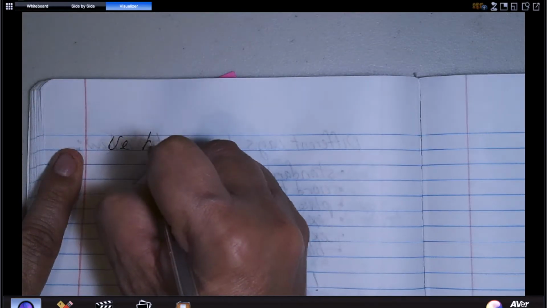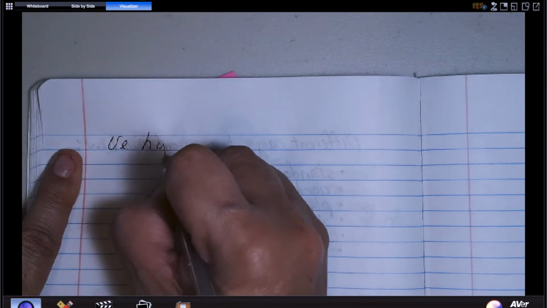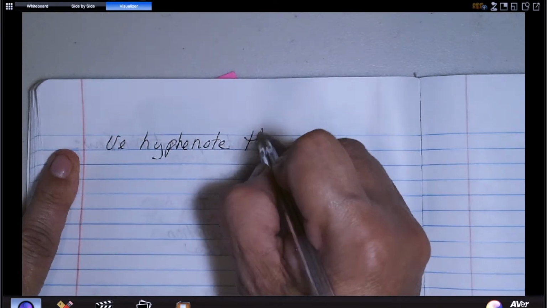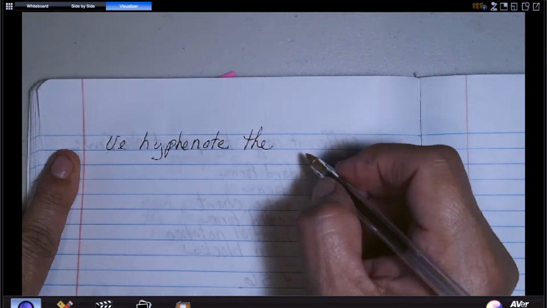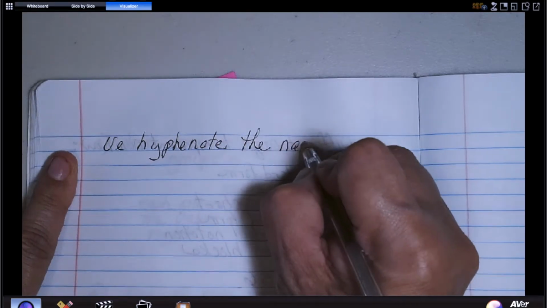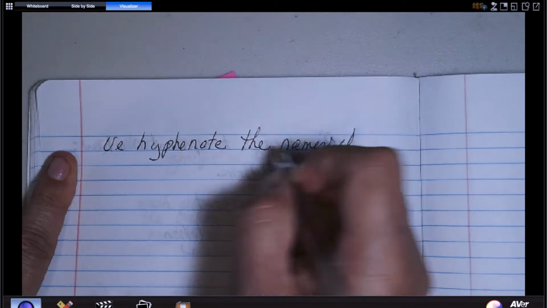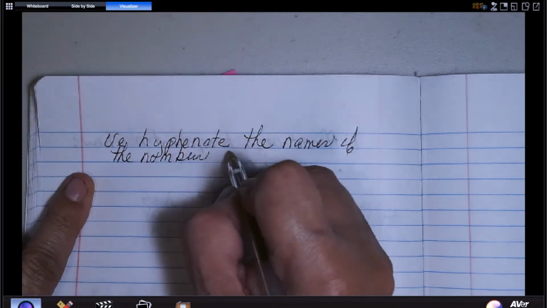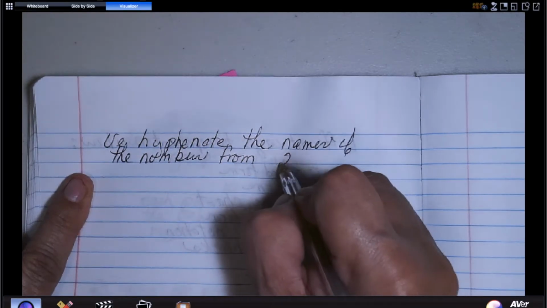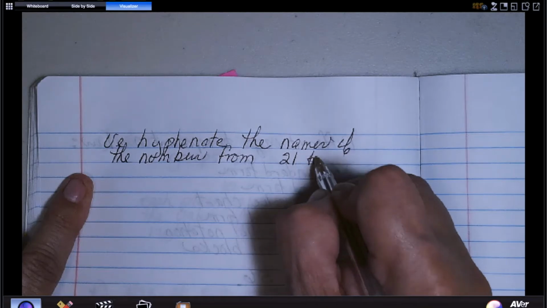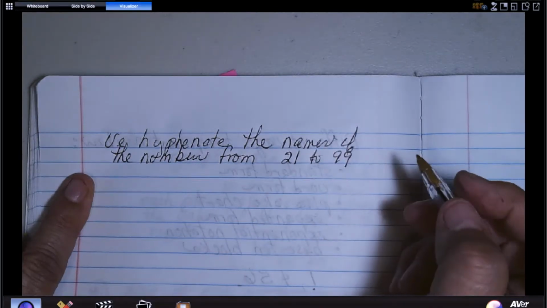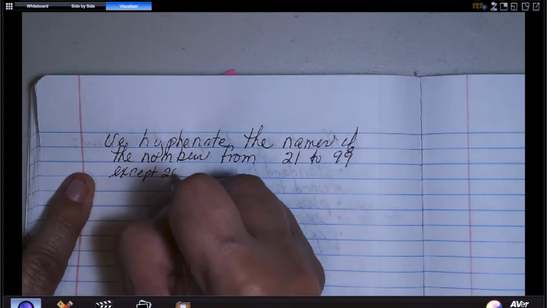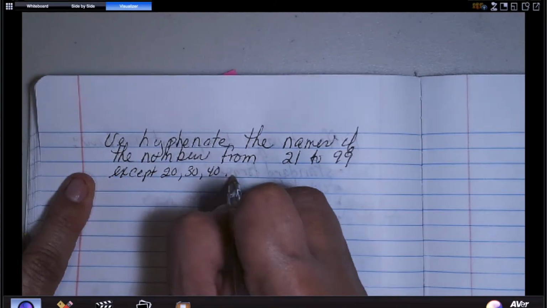We hyphenate, how would we spell that? We hyphenate the number words, the names of the numbers from 21 to 99, the double digits, except, of course, 20, 30, 40, and so on.